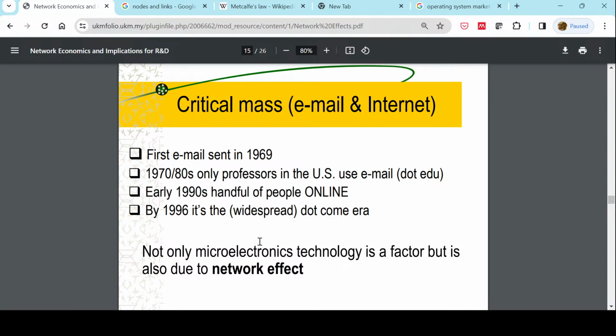That critical mass is perhaps easy to achieve, but once that critical mass has been passed, the network effect becomes very, very strong. The power of that network effect is very strong. So that's where Metcalfe.